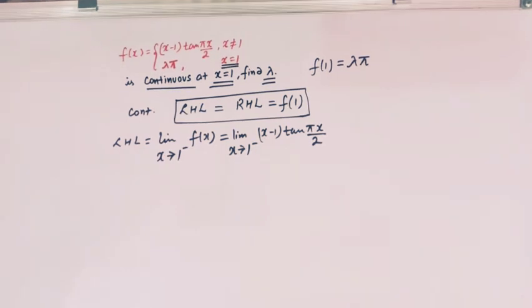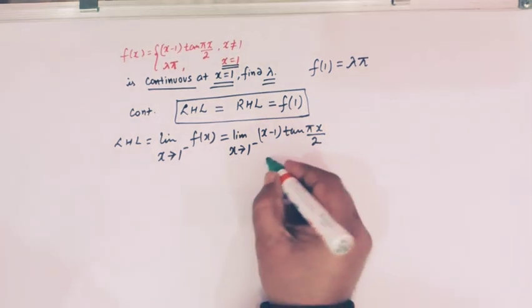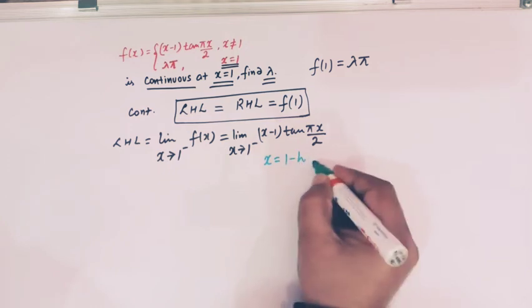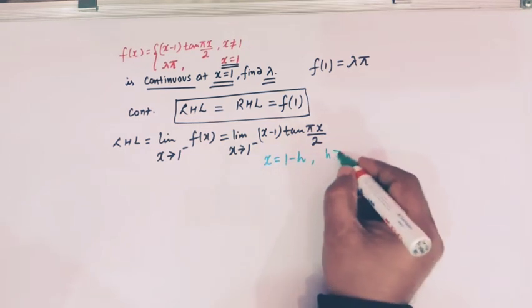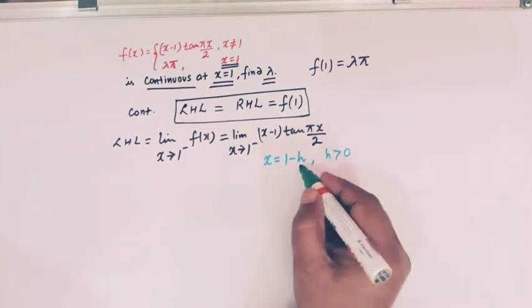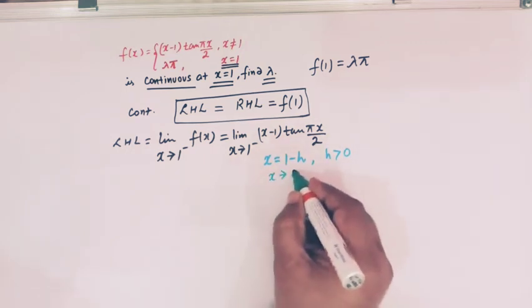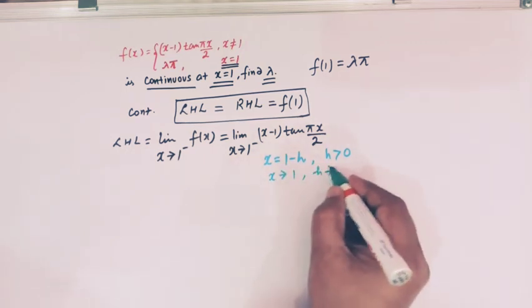So here we'll make use of one substitution, that is we'll substitute x = 1 - h, where h is a positive quantity and it is very small. So when x tends to 1, then h tends to 0.